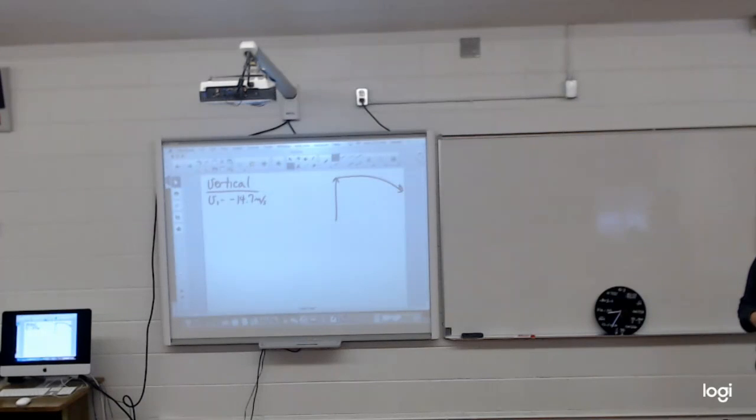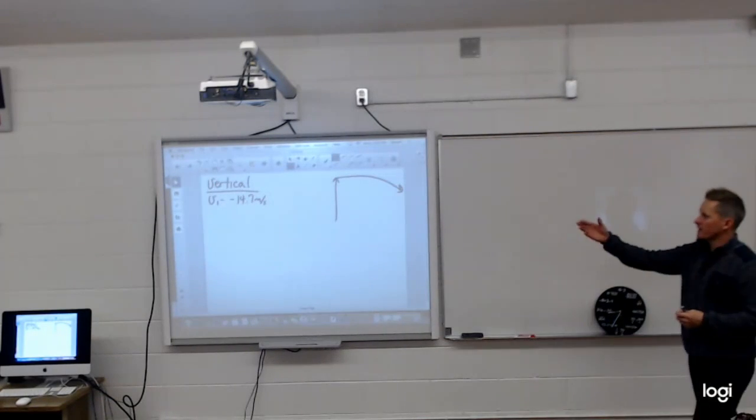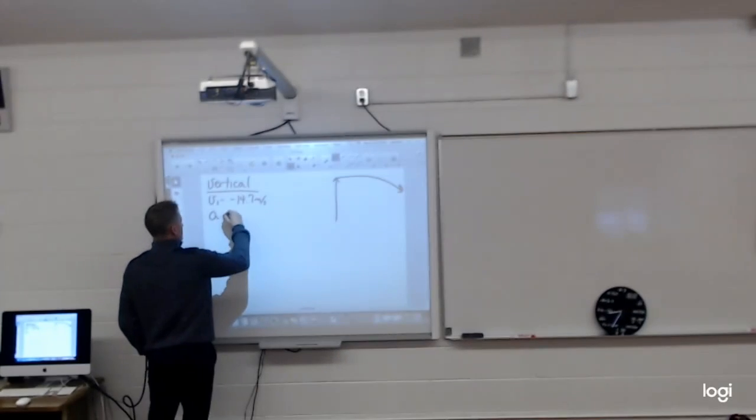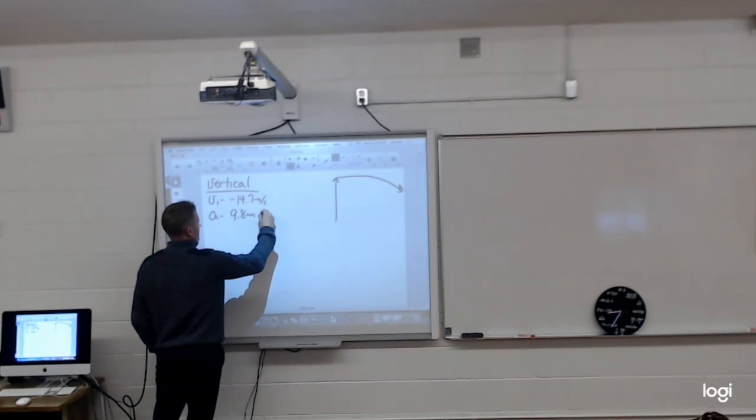It's going in the opposite direction. So in this question you either have to make the initial velocity negative or the a negative, because they're moving against each other. I like to just do this, put that there. Then my a is 9.8 meters per second squared.